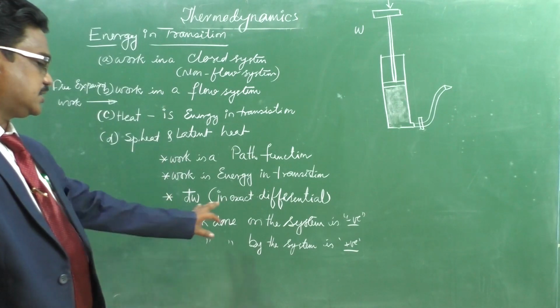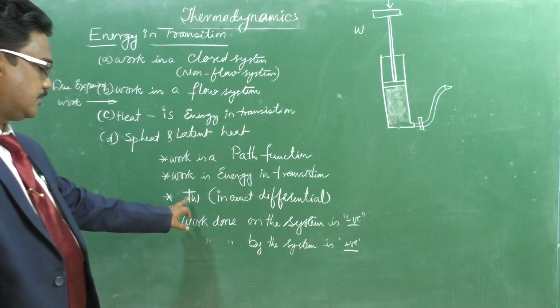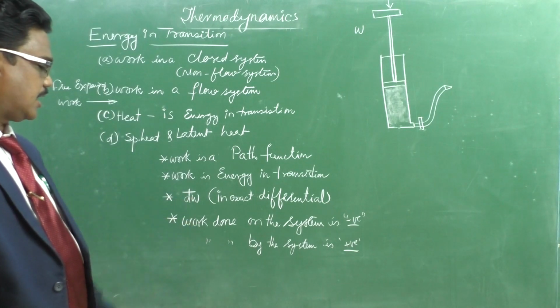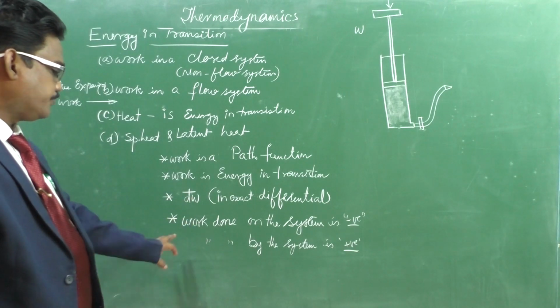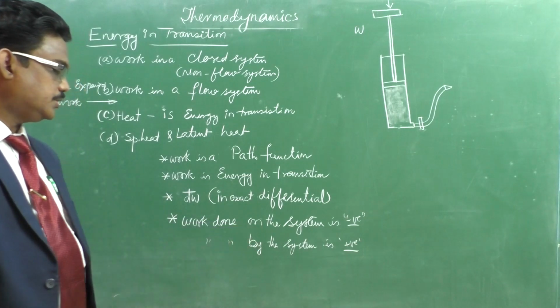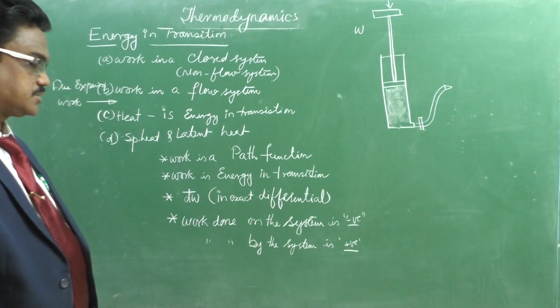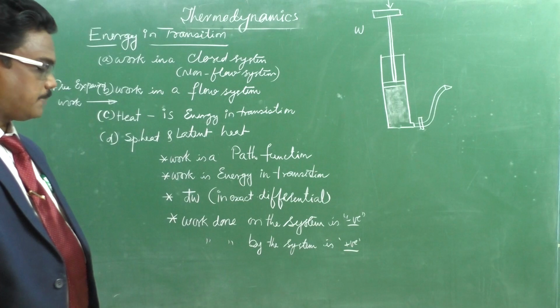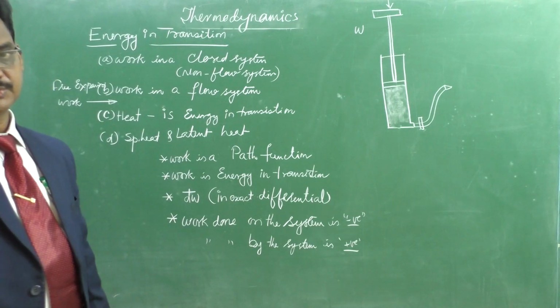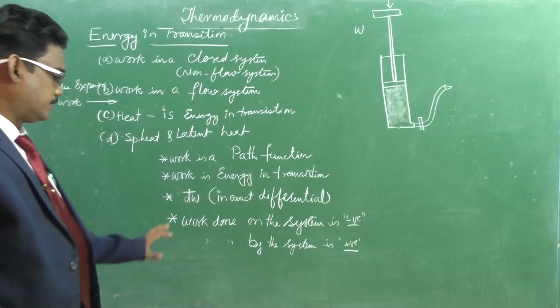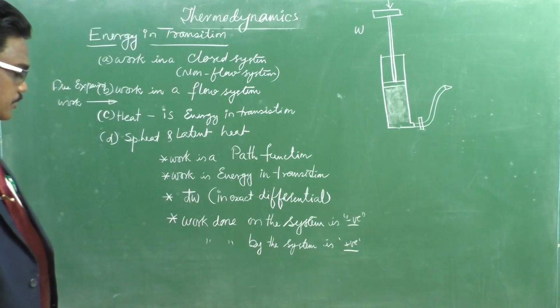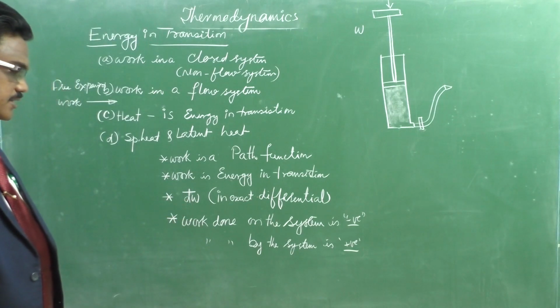Next one, it is an inexact differential. That means dW, likewise we need to show. Work done on the system is negative, work done by the system is positive. These things we need to remember. Here dW is an inexact differential.